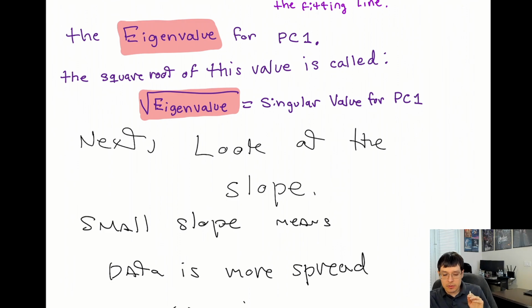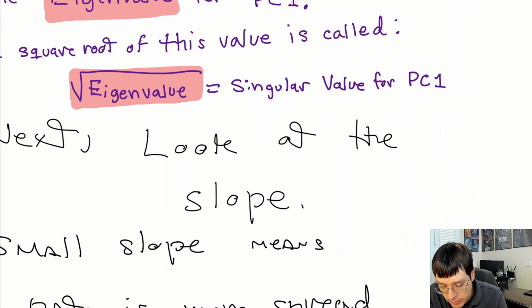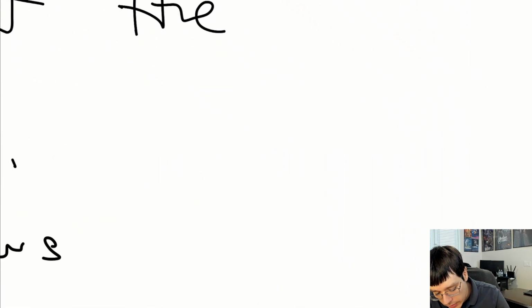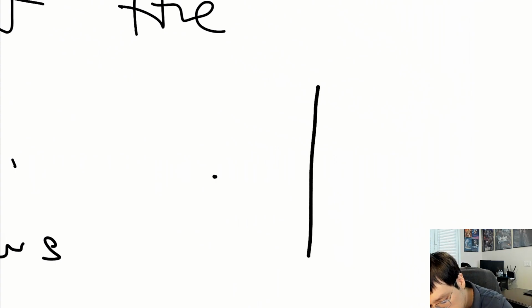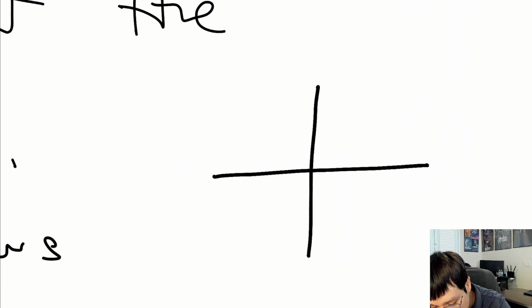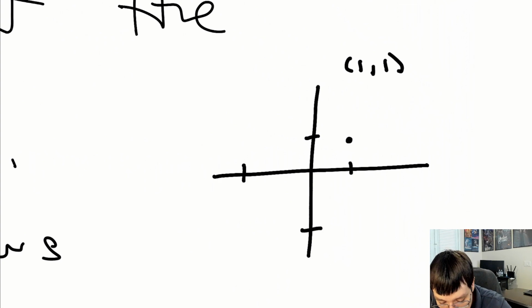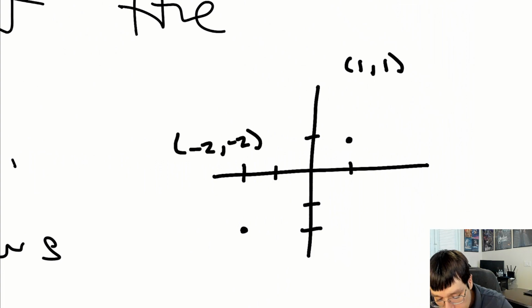Okay, so again, I want to make sure that we are on the same page. So let's just do a quick example. Let me make a graph, and let's put a dot, and let's say this is 1, 1. Okay. And then to make my life easy, I'm going to put another dot here at -2, -2, okay?